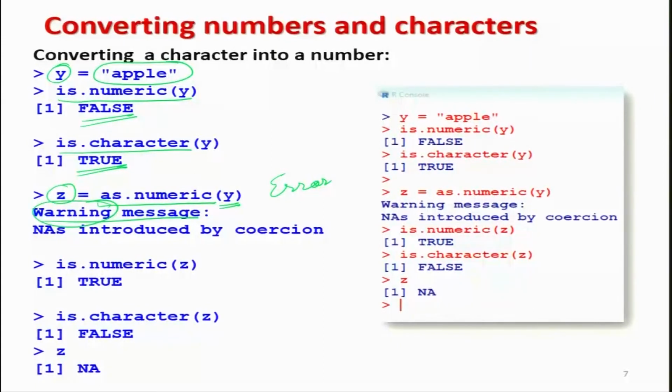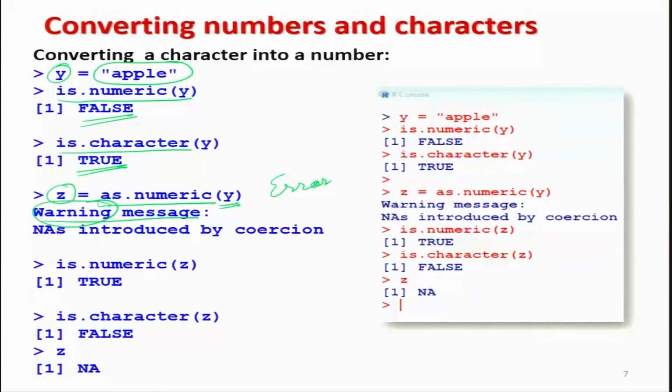And when you get an error message, that means this is a mistake, this is an error, and the program cannot execute after this. So when you get a warning message, the program will continue, but it is warning you that something is happening, please look, please be careful, please be watchful. But when there is an error message, the program will simply stop there, it will not move forward.